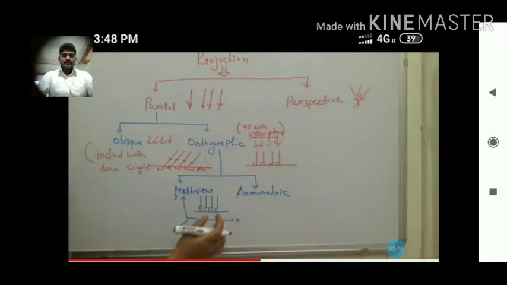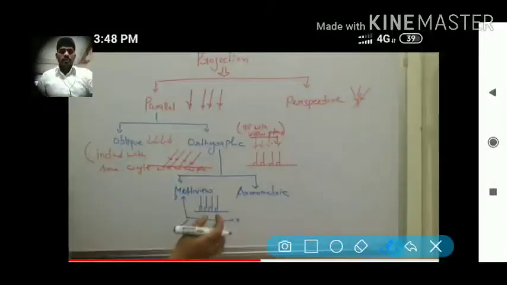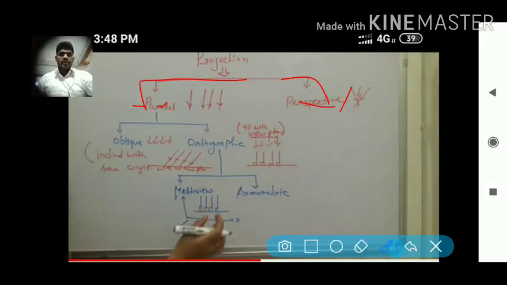Look at the diagram. Projections are classified into two types: the parallel projection and the perspective projection. Again, parallel projections are classified into two types, oblique and orthographic.